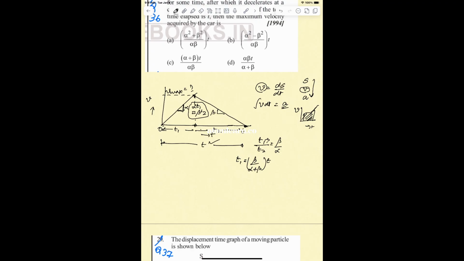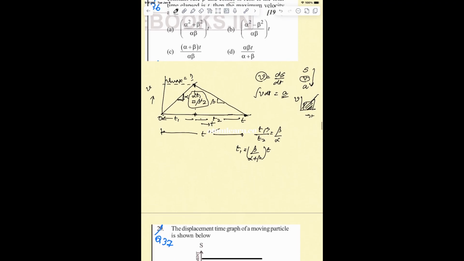This is what I said about you must be sharp with mathematical skills. Why?